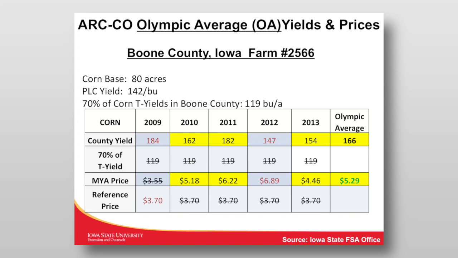We'll throw out the low yield and the high price from 2012, and we'll simply average 2010, 11, and 13. We'll come up with 166 as far as the county yield, county-based product, ARC-CO, and we'll use the Olympic average price. This is known for every county in the U.S. that produces corn.